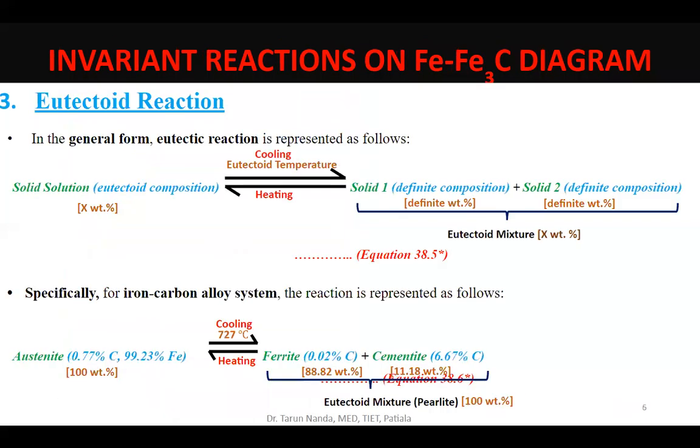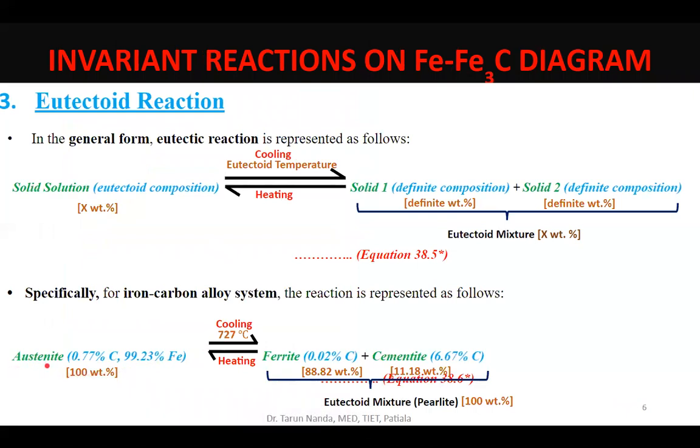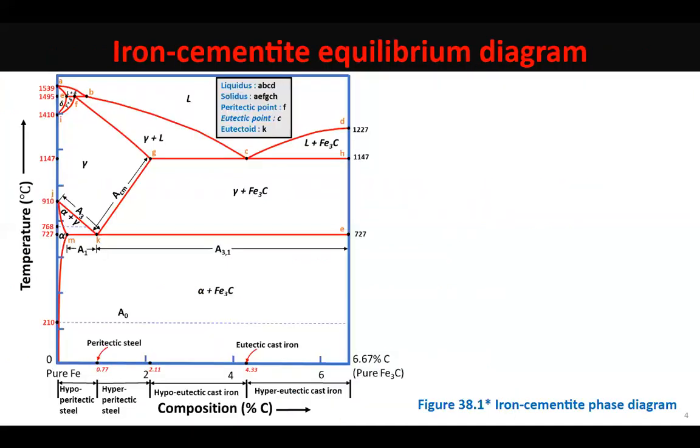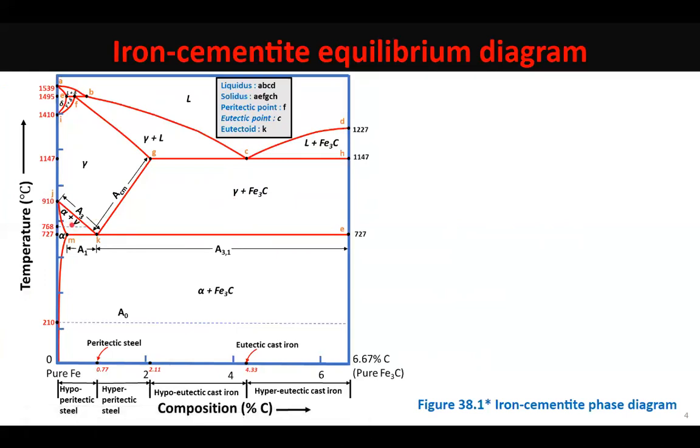The answer would be, sir, any iron carbon alloy which on reaching 727 on cooling is containing austenite as a phase will undergo the eutectoid reaction. Now students, please observe that any iron carbon alloy, when it reaches 727, will always have austenite phase in it. You look at these steels, it has austenite.